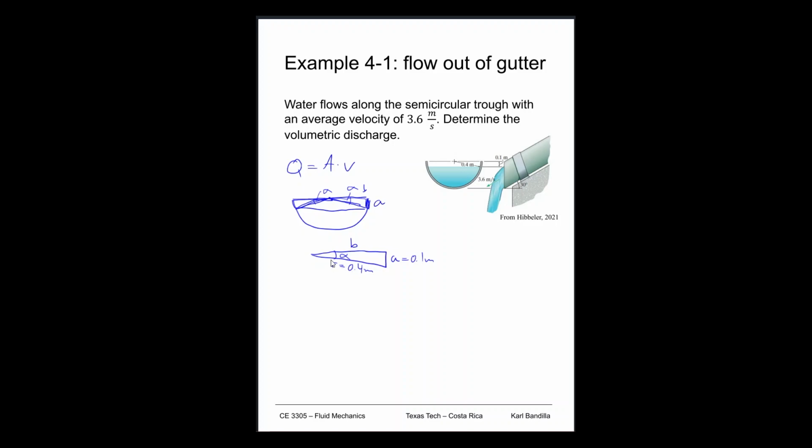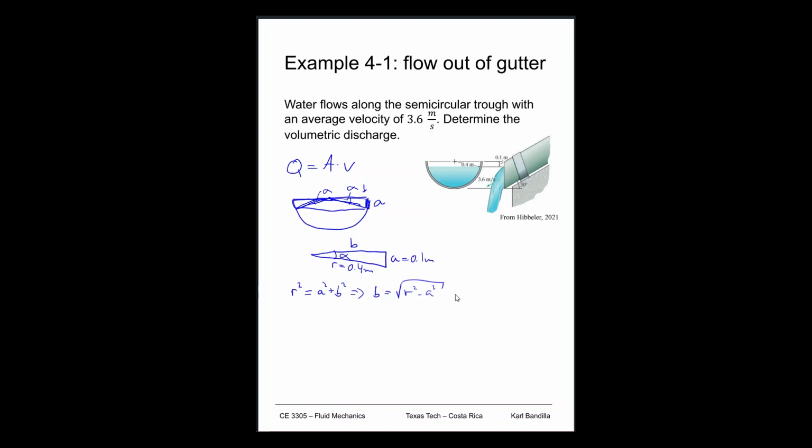If we want to find B, we can use Pythagoras' theorem. We'd have R squared is equal to A squared plus B squared. That means B is equal to the square root of R squared minus A squared.